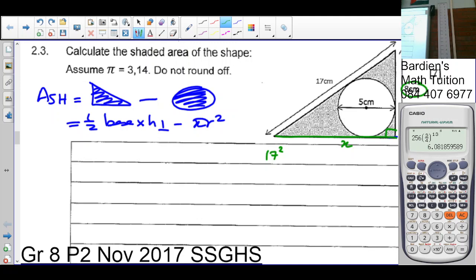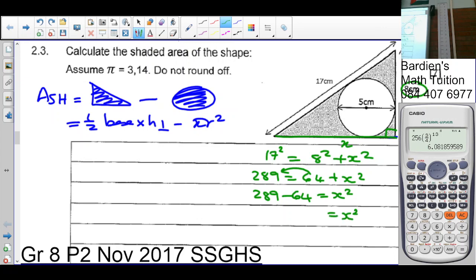So 17 squared is equal to 8 squared plus x squared. So what is 17 squared? Remember we wrote down all these squares. 289 is equal to 8 squared, which is 64, plus x squared. So 289 minus 64 equals x squared.